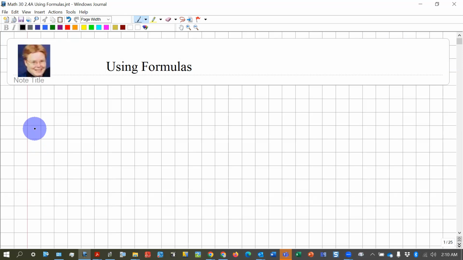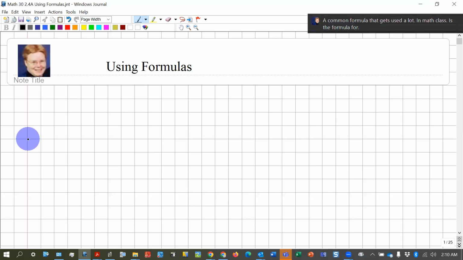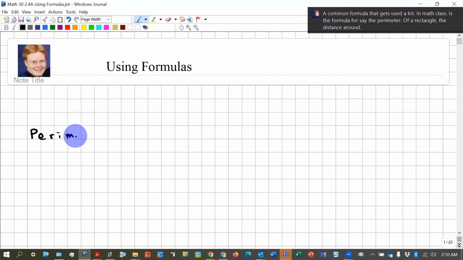A common formula that gets used a lot in math class is the formula for, say, the perimeter of a rectangle, the distance around a rectangle.